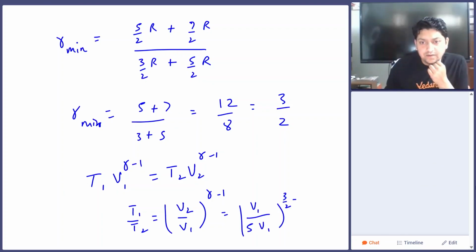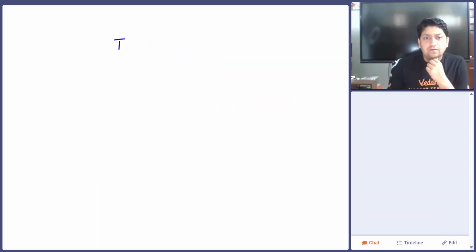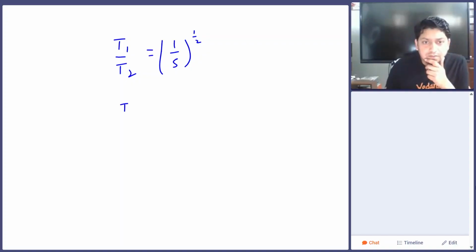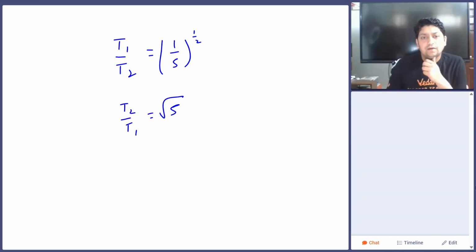This is 3 by 2 minus 1, right? V1 and V1 will be cancelled out. T1 by T2 will be equal to 1 by 5 having power 1 by 2. It means T2 by T1 will be nothing but under root 5.